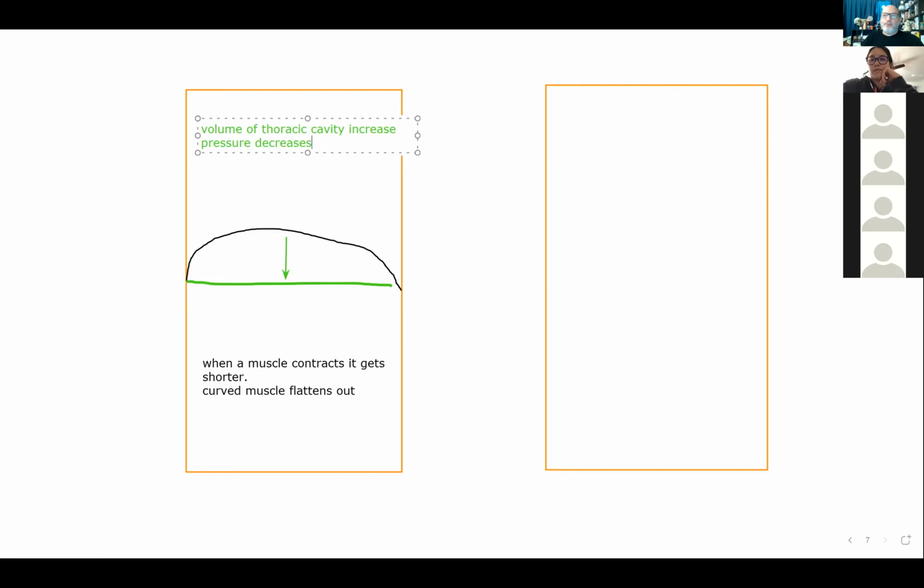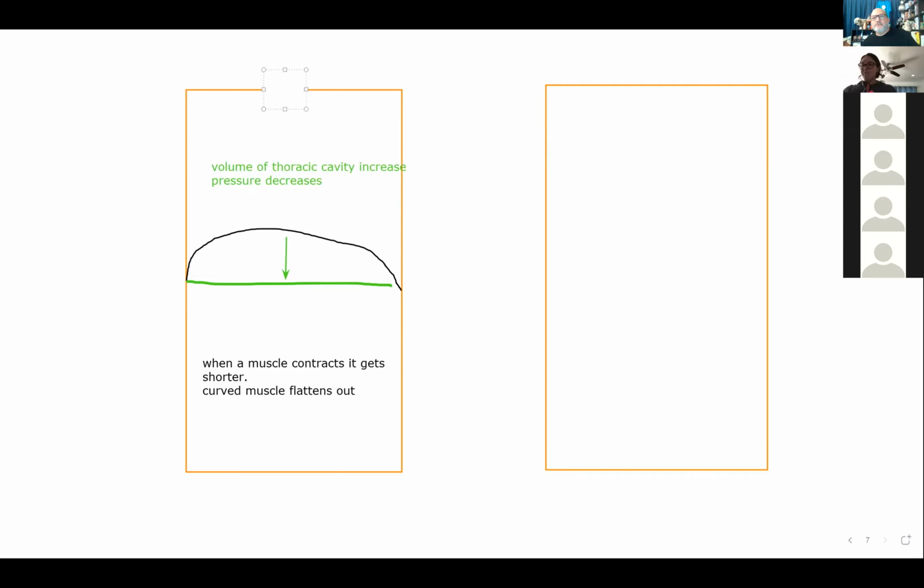We have a low pressure inside of our lungs, and because our lungs are open to the outside world, there's our throat, there's our mouth. When the pressure in here decreases, air moves in.